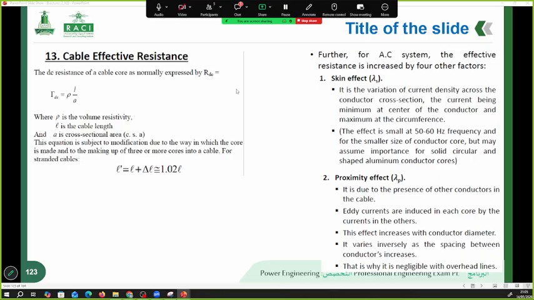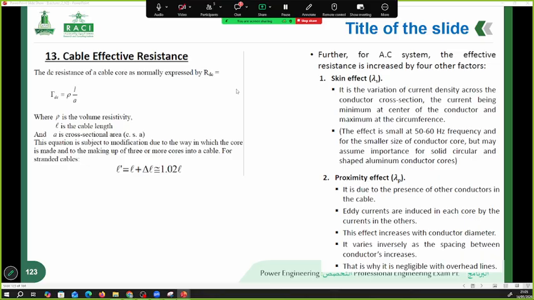However, in practical power cables, especially stranded conductors, this simple expression requires modification. Due to the helical arrangement of strands, the actual path followed by the current is slightly longer than the physical length of the cable.